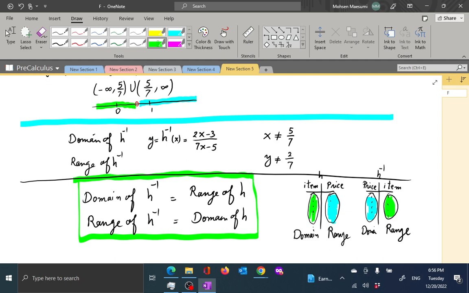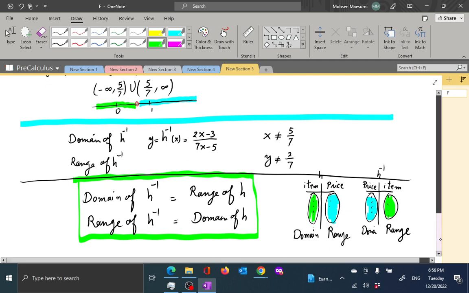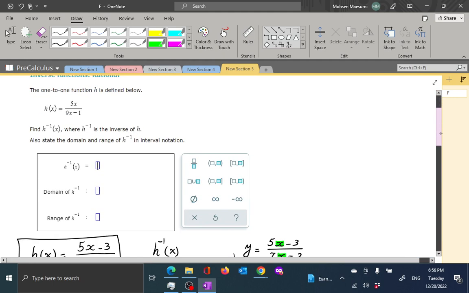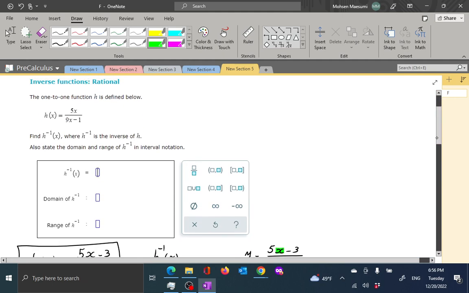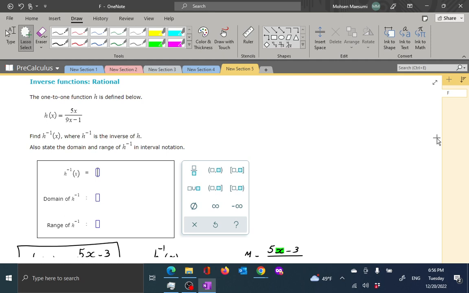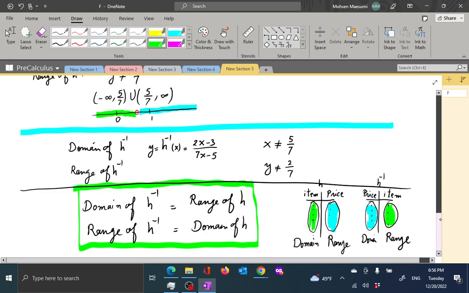Okay, so this brought us to the end of this short lecture. What we learned is that if a rational function is given to us, how do we find its inverse? That was the meat of the discussion today. And then we had a discussion about the domain and range.